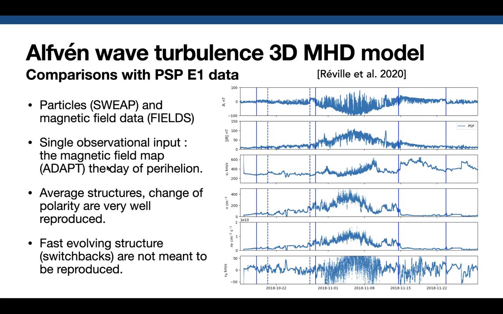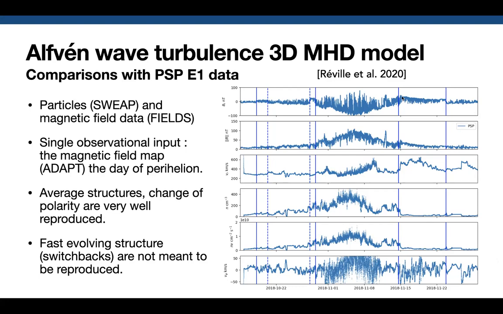So you have a lot of panels here: the radial magnetic field, the total magnetic field, the velocity, the density, and then some other quantities like the momentum and the azimuthal velocities.